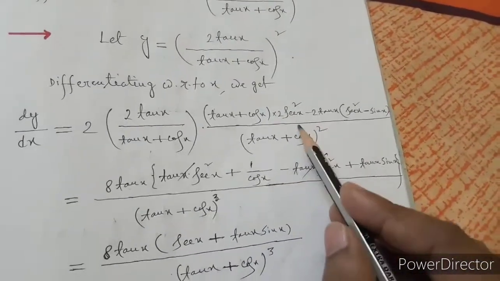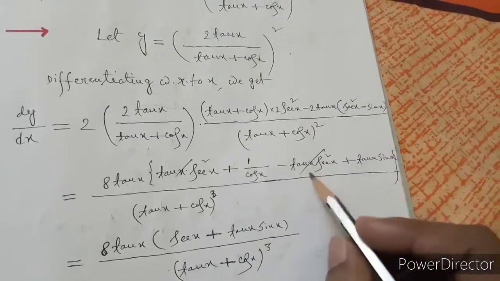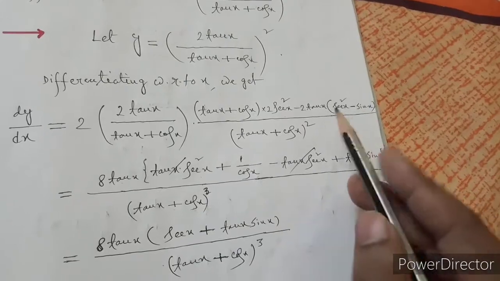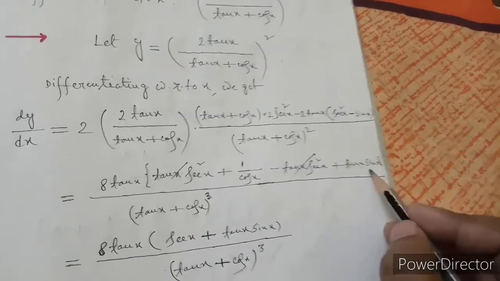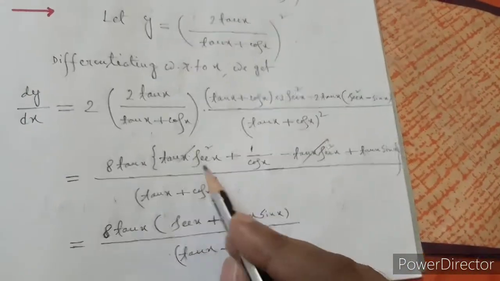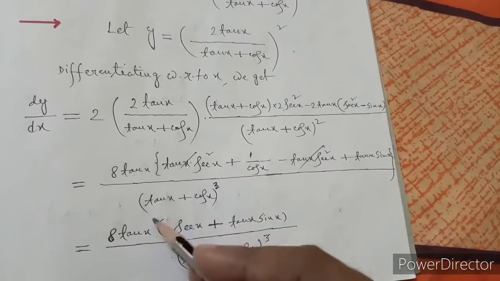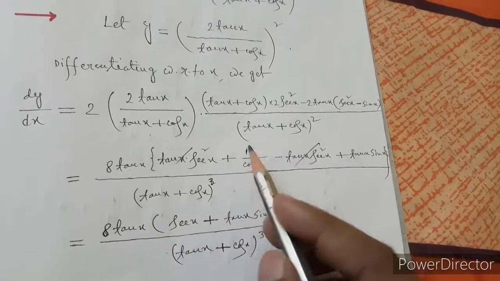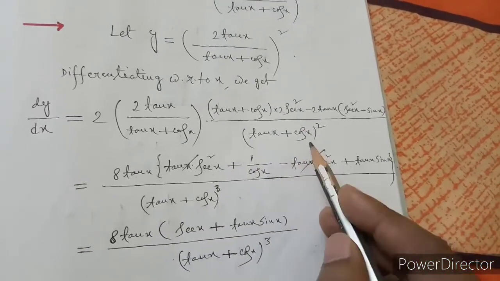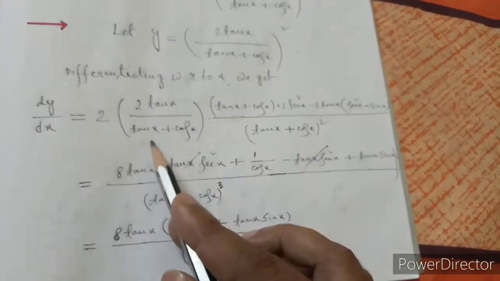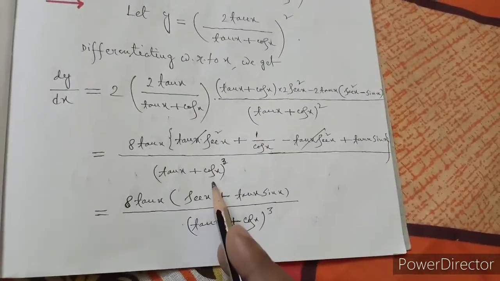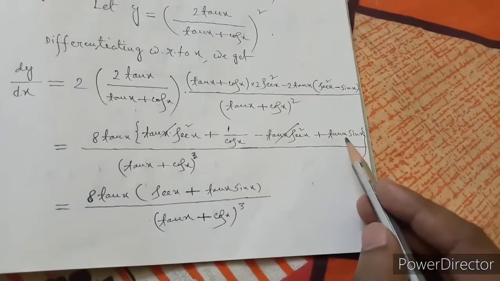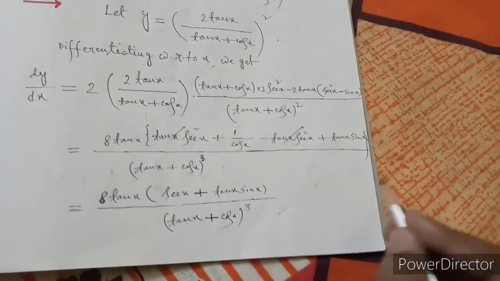Minus tan x into sec square x, minus plus tan x into sin x. So tan x into sec square x cancels out. Now there is tan x plus cos x whole square, and there is tan x plus cos x, so tan x plus cos x whole cube. And 1 by cos x means sec x, and this is tan x sin x. Got it? It is your answer.